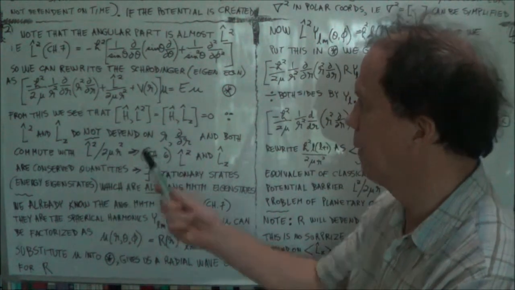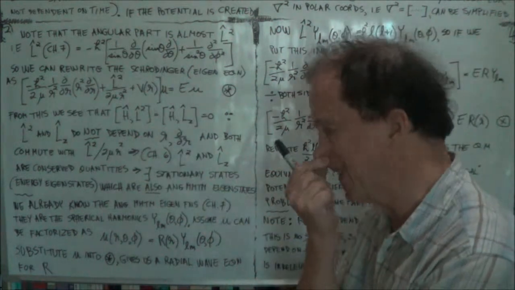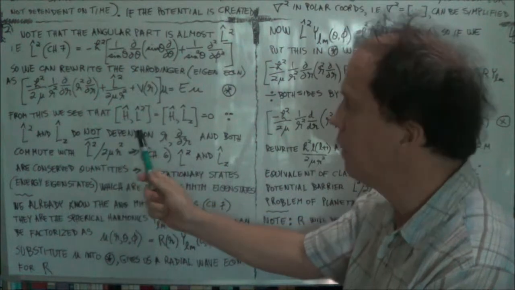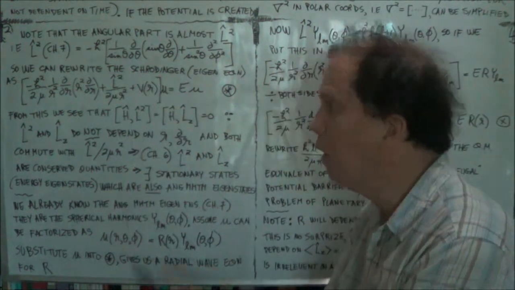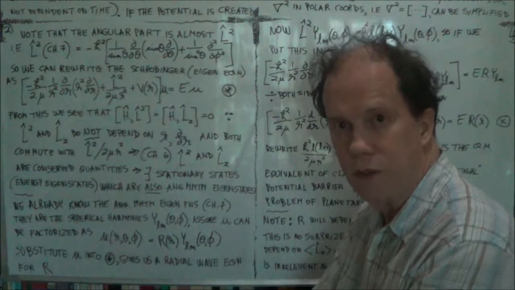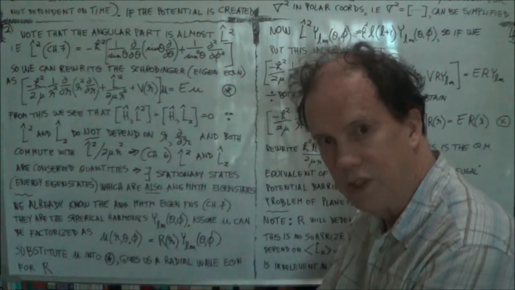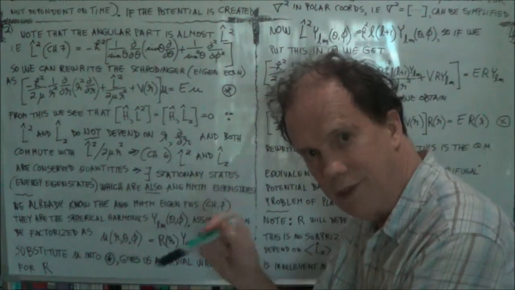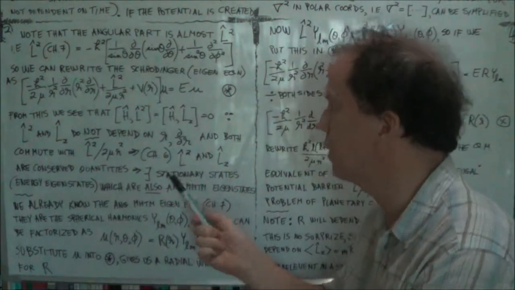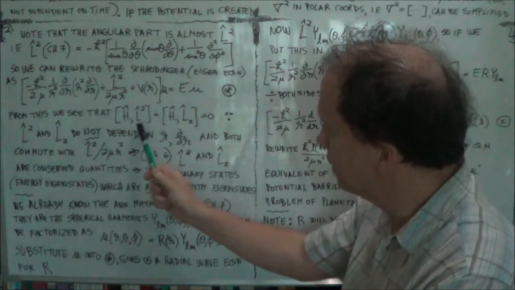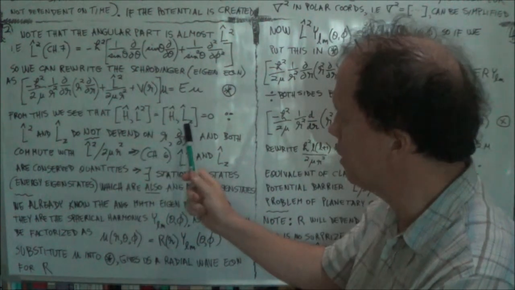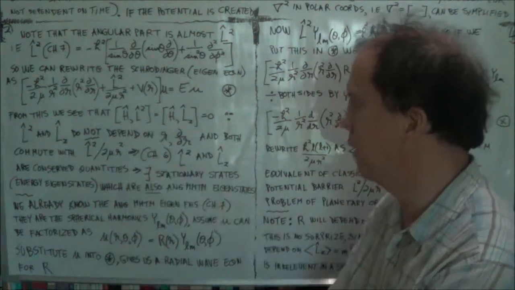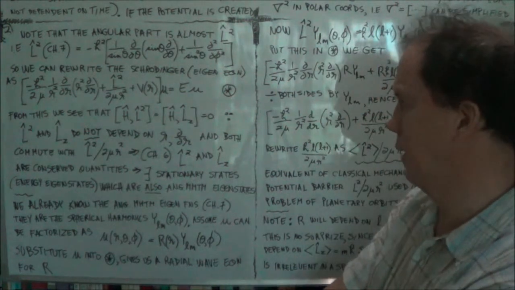Now, in the quantum mechanical context, if some operator commutes with the Hamiltonian, the expectation value of that operator is conserved, meaning it does not change with time. So if you differentiate that expectation value, you'll get 0, right? It's conserved. So that means that L squared and the Z component of L are conserved, right? So conservation of angular momentum, if you like, right?